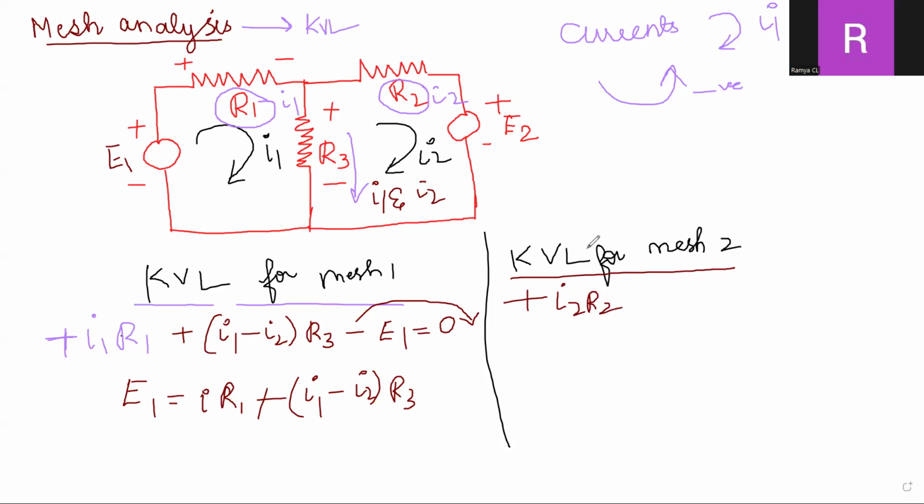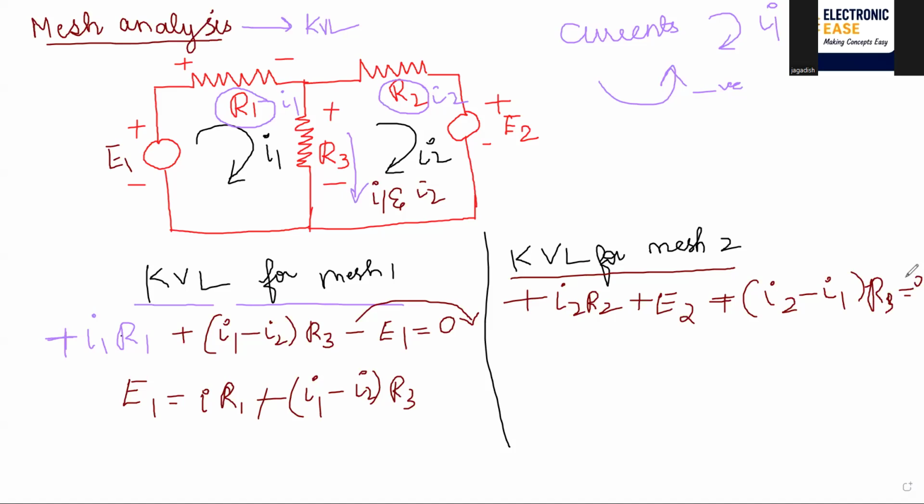Plus is there, so plus E2, plus I2 minus I1, because both are moving in the same direction. So I2 minus I1 into R3, which is equal to 0. So write it down.